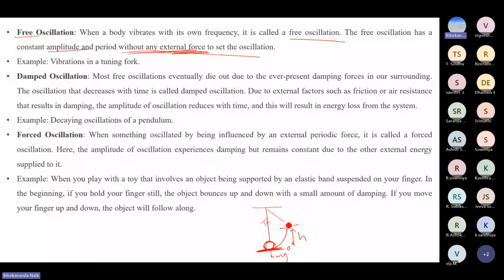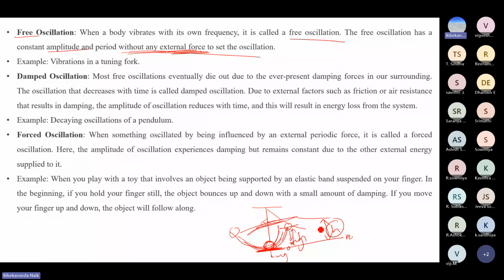But when you take it here and then leave it, due to the weight mg, which has two components, it will come back to its original position, overshoot it, and start oscillating. Suppose this is the base distance and this is the height it gained. This is the amplitude of oscillation.